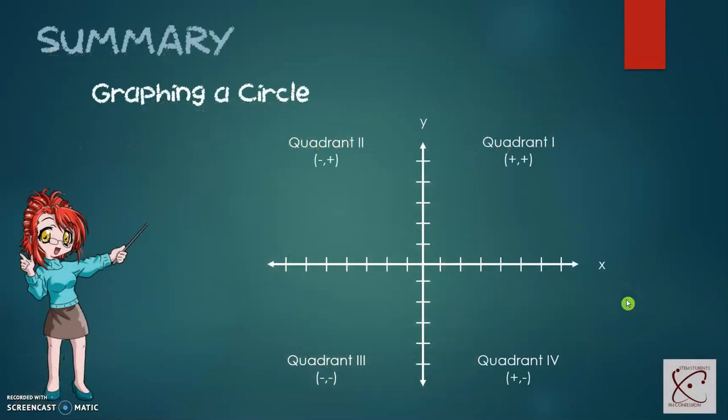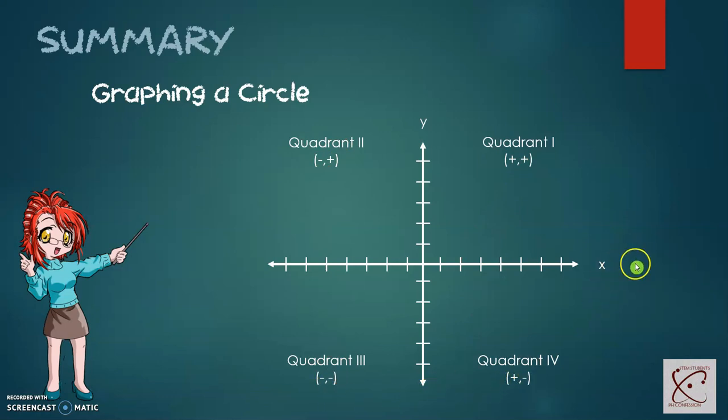So, in summary, in graphing a circle, we should know how to draw the Cartesian plane and know how to use it. So, we have 4 quadrants, 1, 2, 3, 4, and then the corresponding signs.